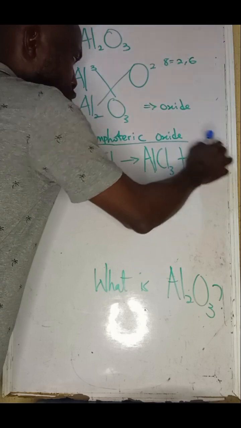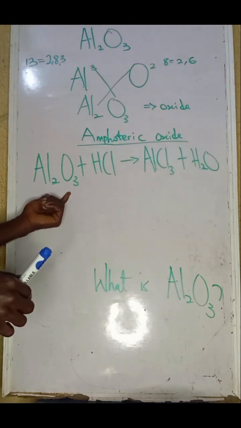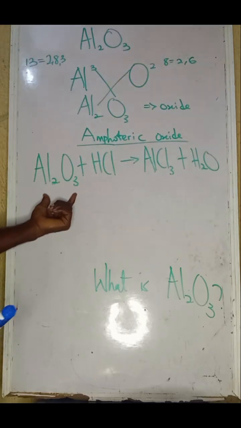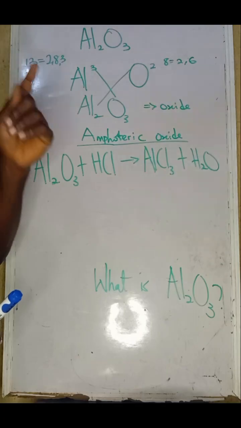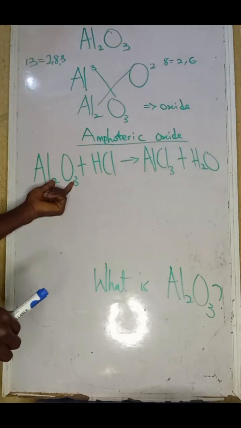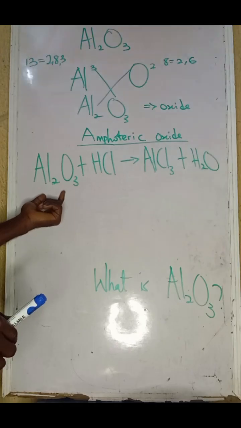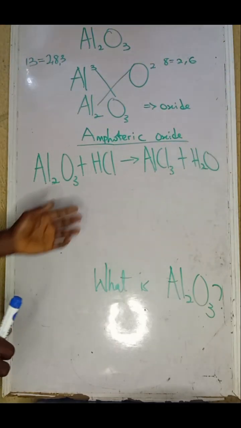That is what we call a neutralization reaction, because in this case, aluminium oxide, an amphoteric oxide, is seeing a strong acid, therefore it will behave as a base. And don't forget that a base is a proton acceptor. So it will act as a proton acceptor here, and form this salt and water. However, this is not balanced.